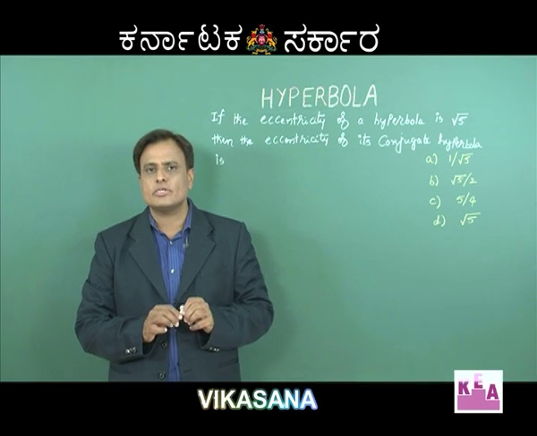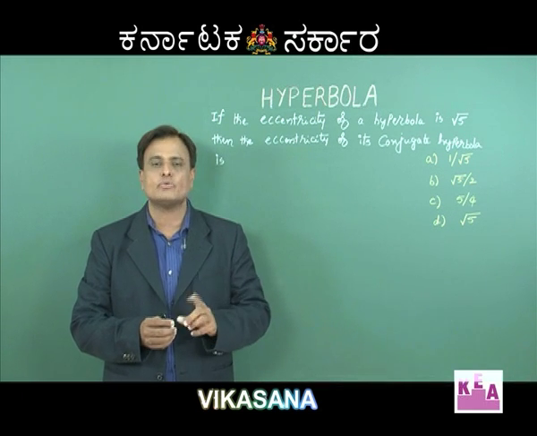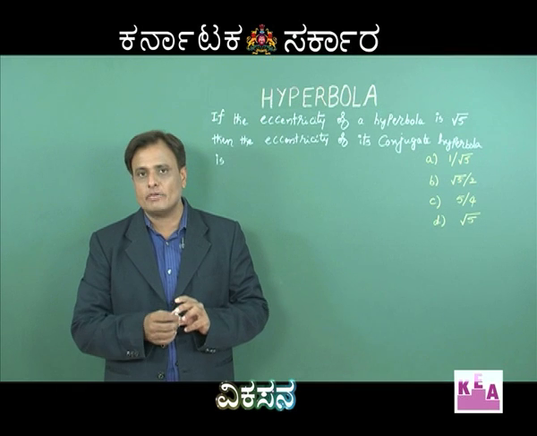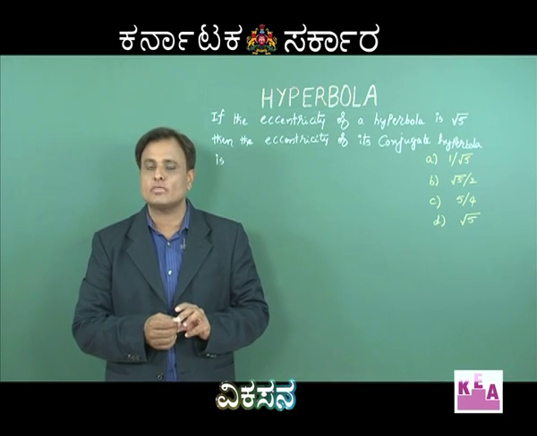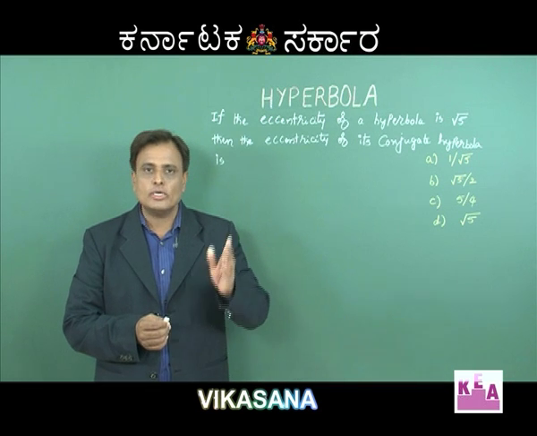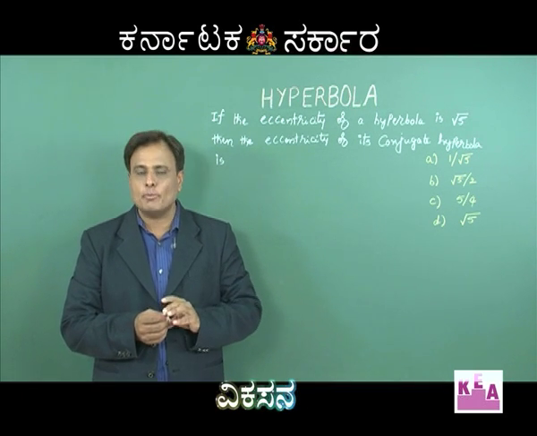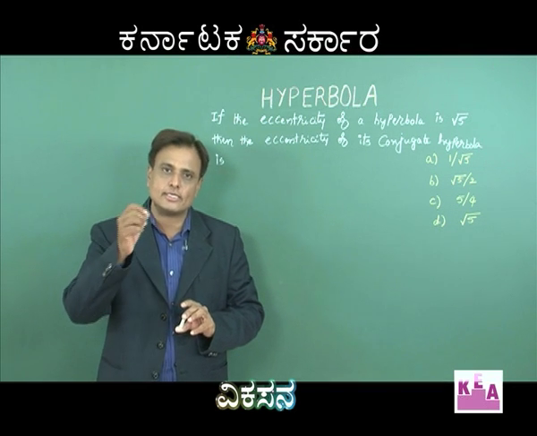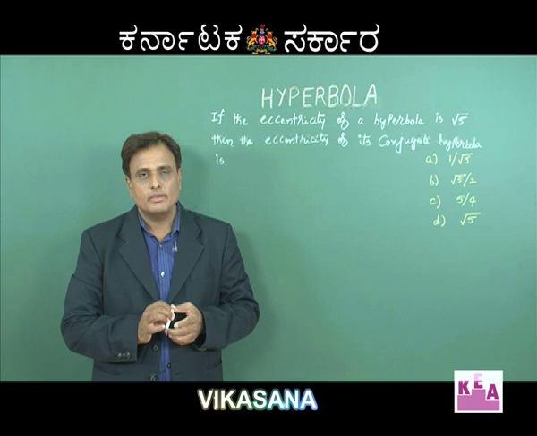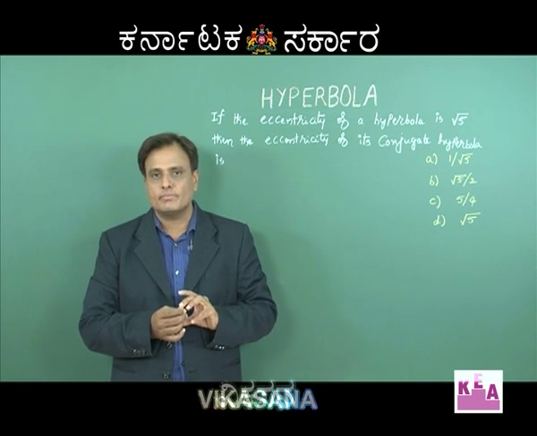We know the standard equation of hyperbola is x square by a square minus y square by b square is equal to 1. Then its conjugate hyperbola equation will be x square by a square minus y square by b square is equal to minus 1. So here, the eccentricity of a hyperbola is given, and we have to find the eccentricity of its conjugate hyperbola.